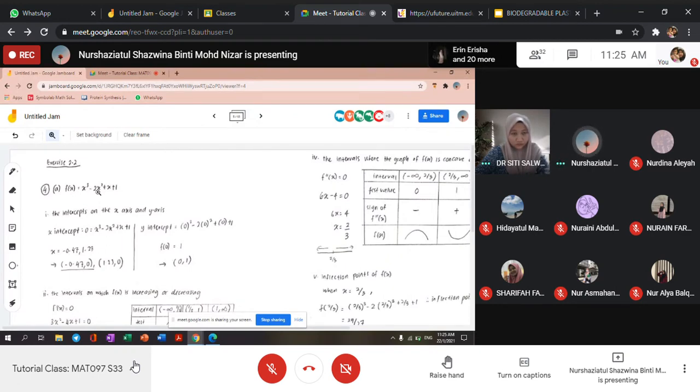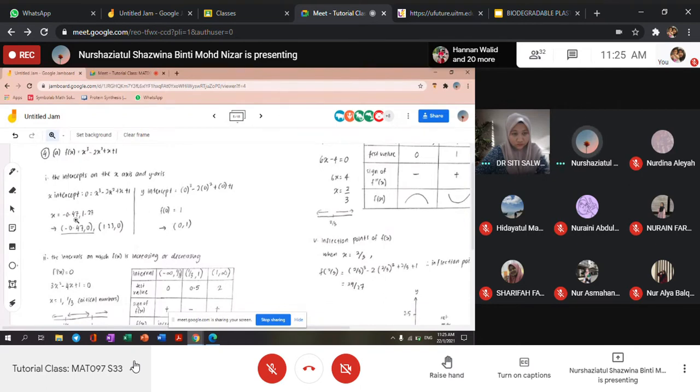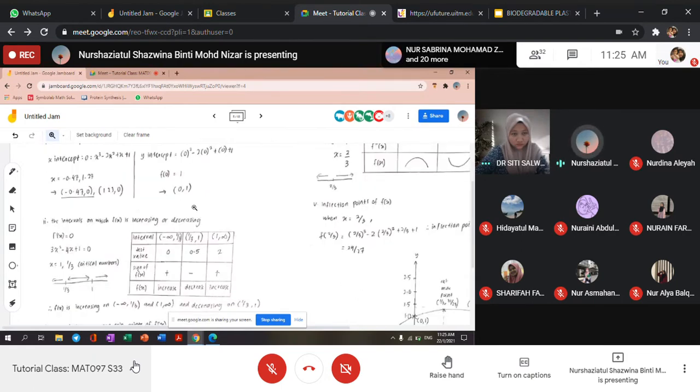Lepas tu, we simplify, we will get x equal to negative 0.47 and 1.23, which is in the point form, it will be (-0.47, 0) and (1.23, 0). For y-intercept pula, we have to insert 0 as x into the f(x) equation, and we will simplify, we will get 1, which is in the point form, it is (0, 1).